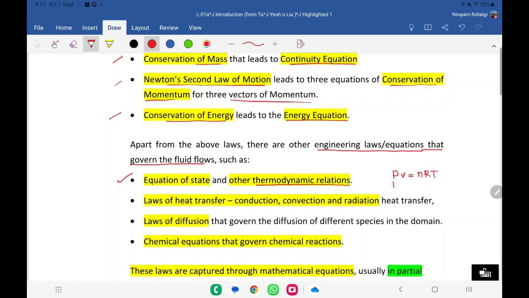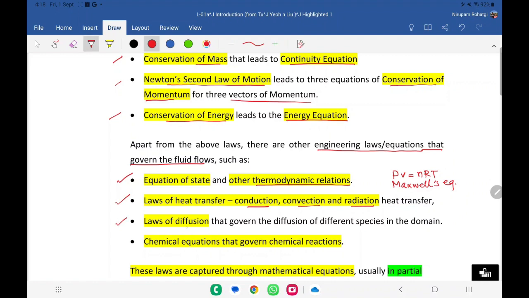They are also part of it. So all these equations are part of it. Then laws of heat transfer will also come into play. You have conduction, convection and radiation. All these equations will come into play.